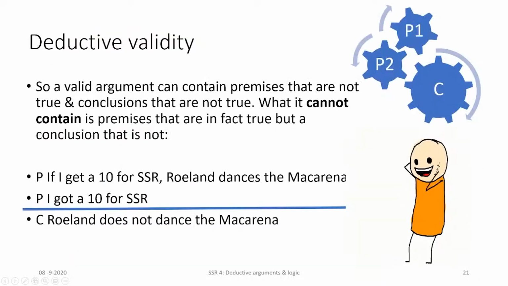We're looking at the connection between the premises and the conclusion, and what we're specifically checking is whether, if we assume the premises to be true, the conclusion necessarily holds or not. If it necessarily has to be true if the premises were true, we're saying it's valid, deductively valid. If that doesn't necessarily have to be the case, then we're saying it's not deductively valid.